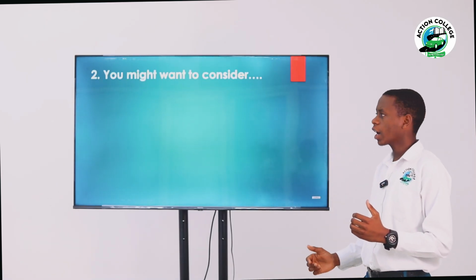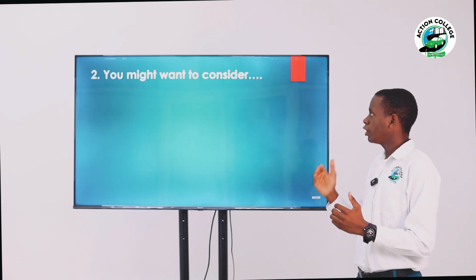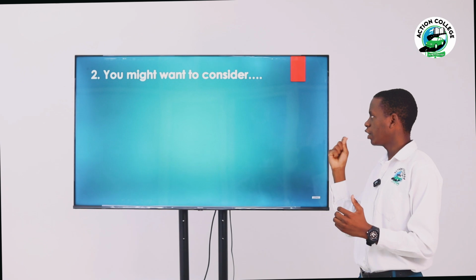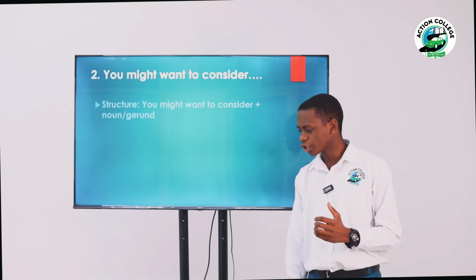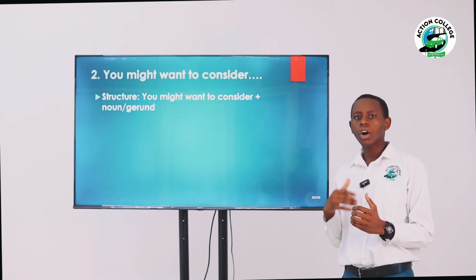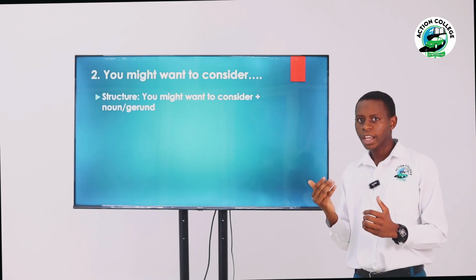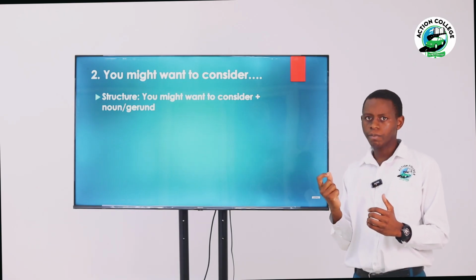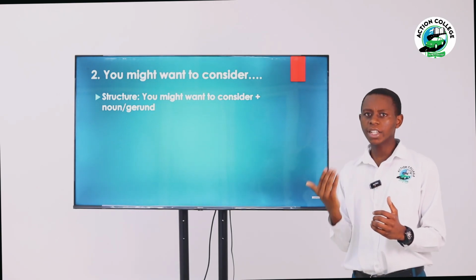The second way you can give advice is to use you might want to consider. So if you want to give advice, you can use this phrase, and the structure is here. You might want to consider plus noun, or you can plus gerund. So gerund is the verb that ends with the ing form, or what we can call present participle.